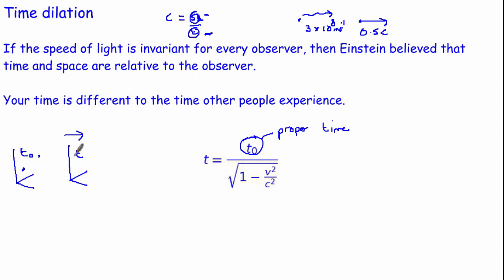So this equation links the time of the moving object, or the moving observer, to that of an observer that's stationary compared to that event. So this is the proper time, and this is sometimes called the relativistic time.